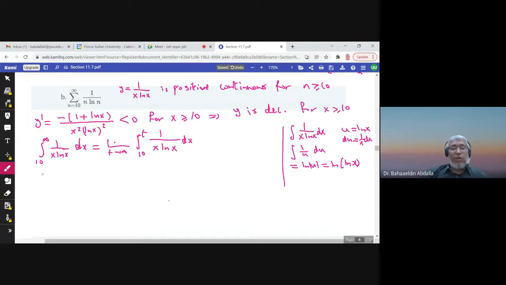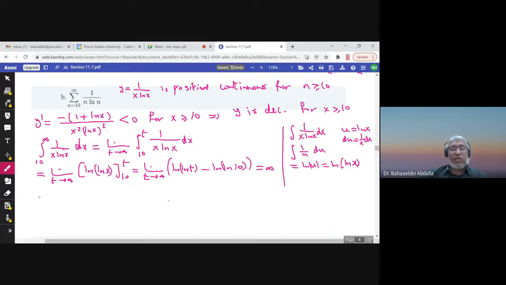So this would be equal to the limit when t approaches infinity of ln x from 10 to t. And this would be equal to the limit when t approaches infinity of ln t minus ln 10. But ln infinity is infinity, and infinity minus this number is infinity.